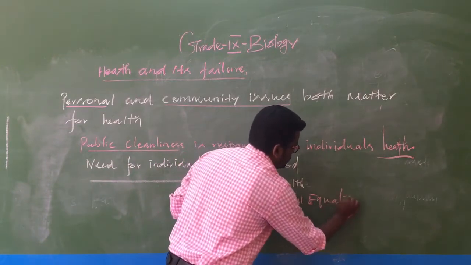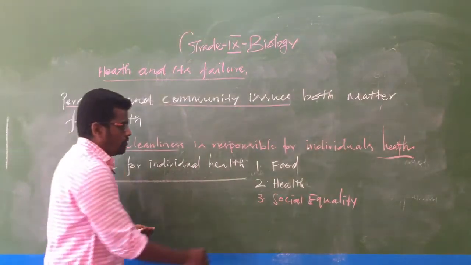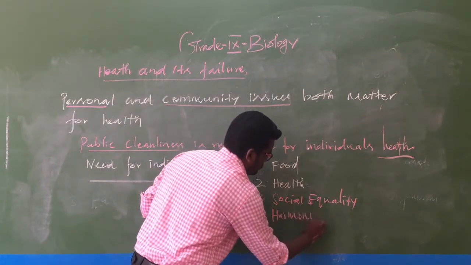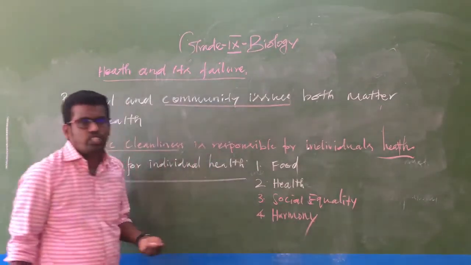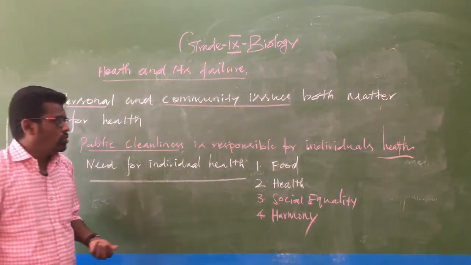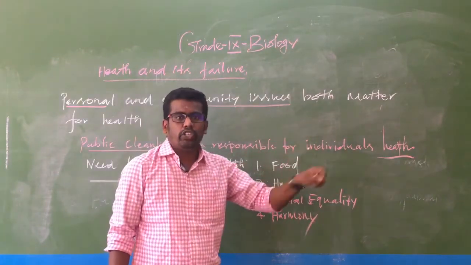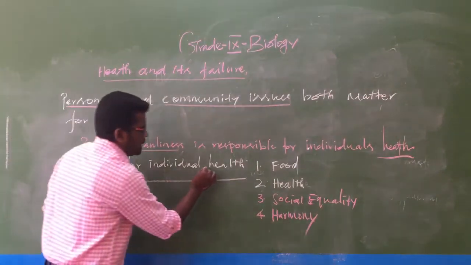Okay, and the third one is social equality, which is also needed by individuals, and the fourth one is harmony. Harmony means unity. So these are needed by each and every individual. Then only they will be healthy.